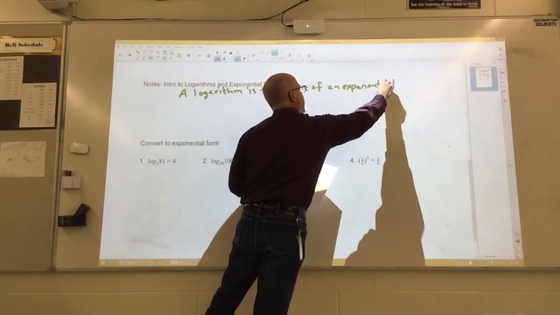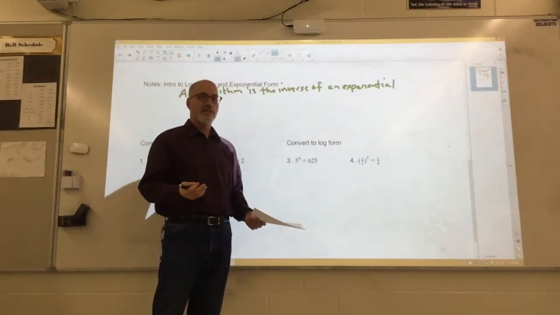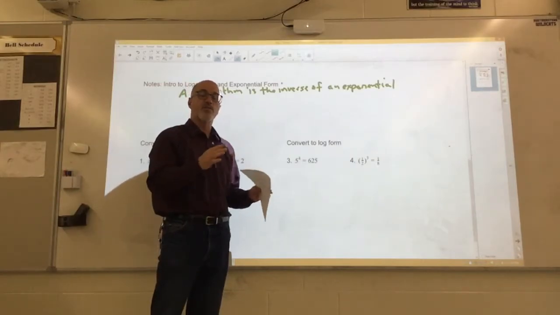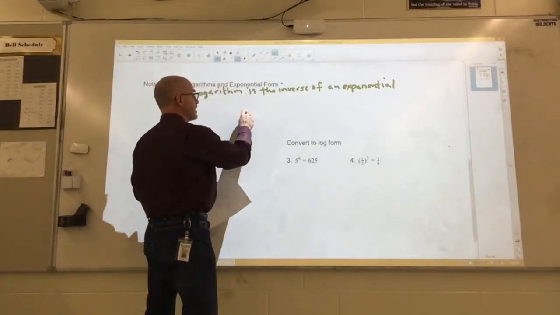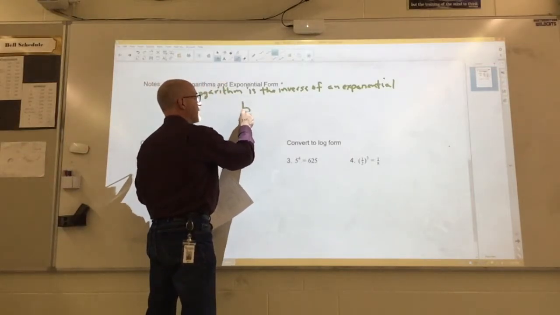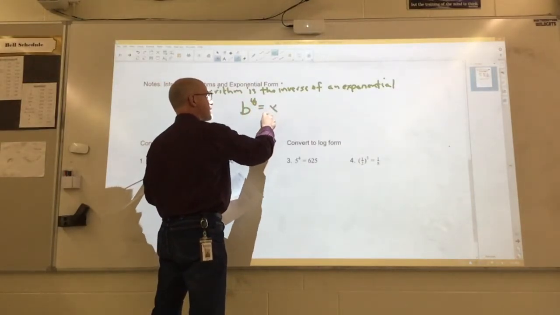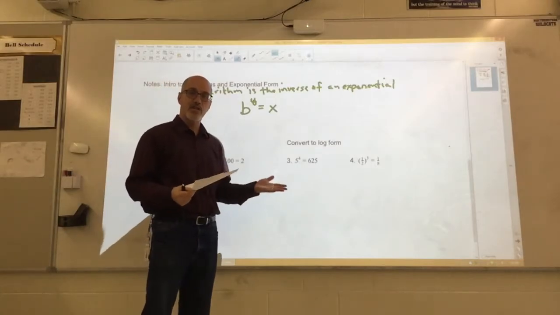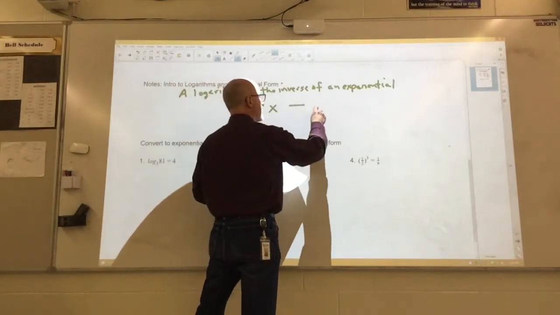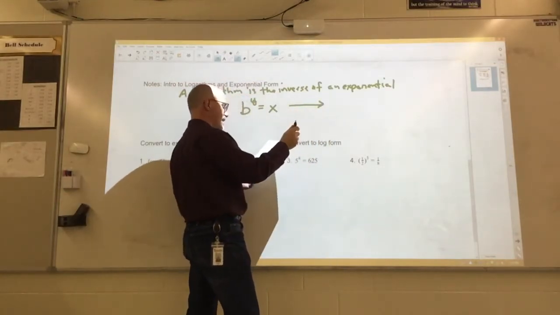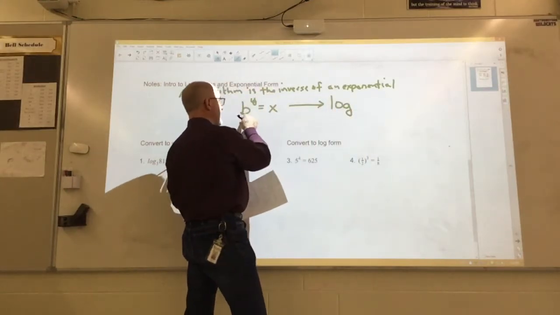Whatever the exponential does, the logarithm will undo it. Now, it won't be quite as obvious about that fact until later as we work more with these problems. But for now, what you need to realize is that if we have an exponential, let's say b to the y equals the number x, then the logarithm problem of it is set up as log with base b down here.